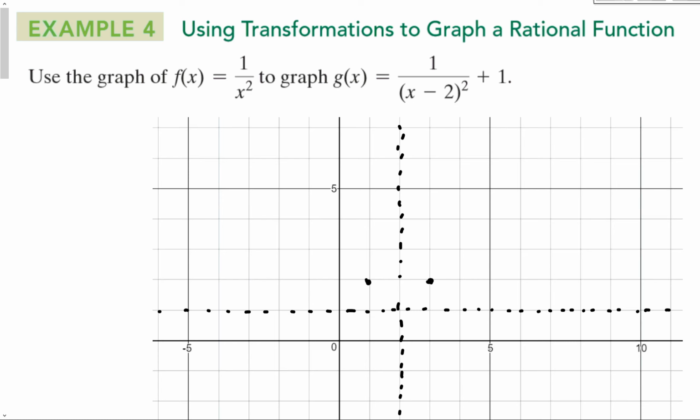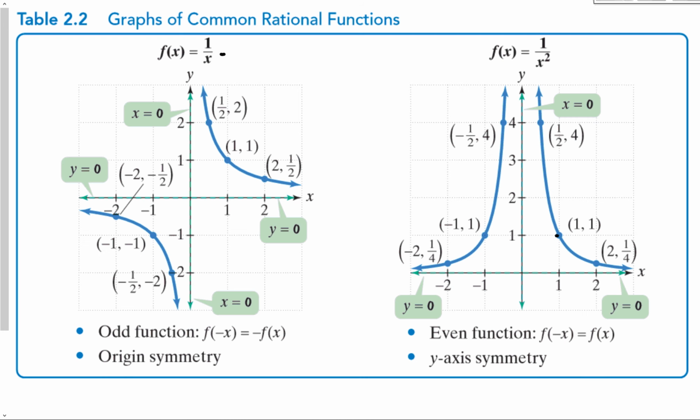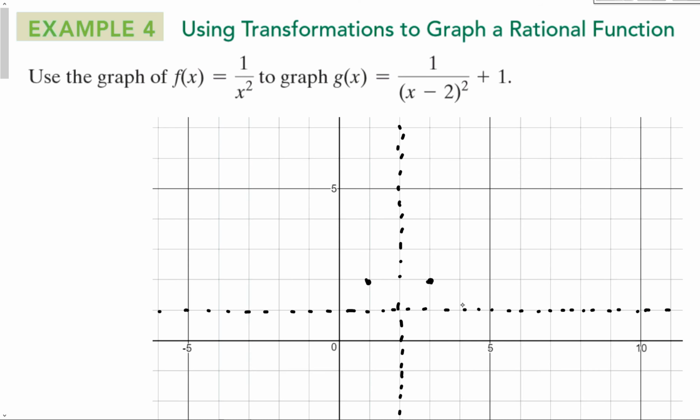Okay, we can also take the other points of the parent function, like this one. If I went right 1 from this point, or if I go right 2, I go up a quarter. If I go right 1, I go up 1 from the origin point. Right 1 up 1, right 2 up a quarter. I would just go like that.